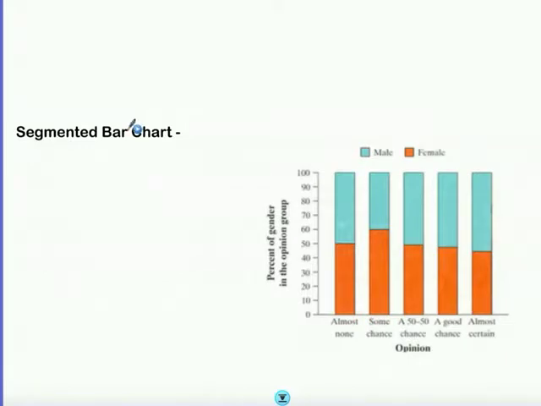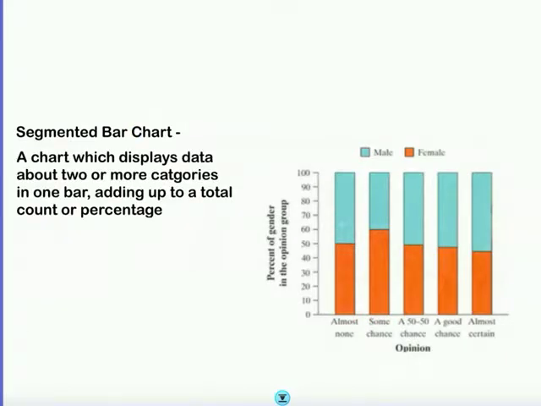A segmented bar chart is a chart which displays data about two or more categories in one bar, adding up to a total count or percentage. As you can see here on the bottom of our bar graph, we have our opinions. On the side, we have percent of gender in the opinion group. And so, of course, for your almost nones, your total percent should be 100. Some chance, 100; 50-50, 100. They should all be 100% because it should be the makeup of males and females that gives you that.